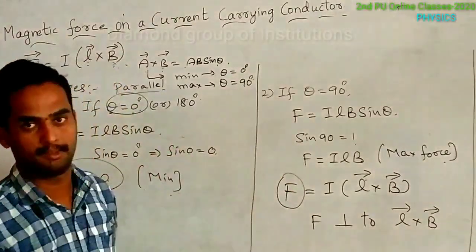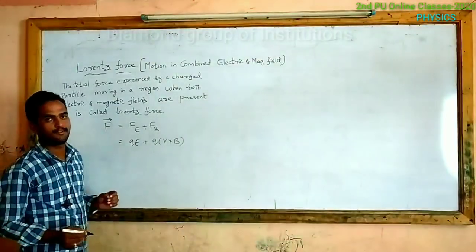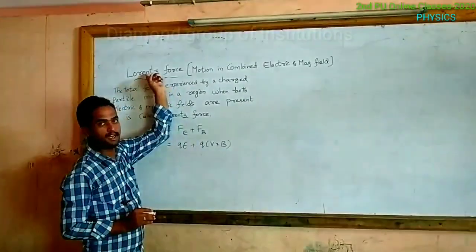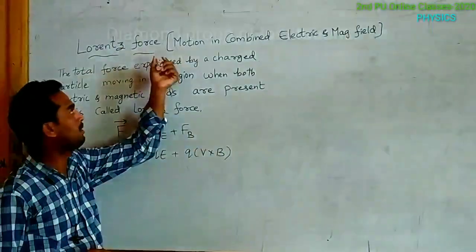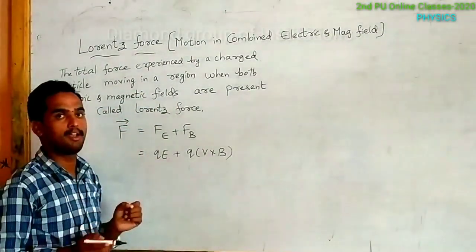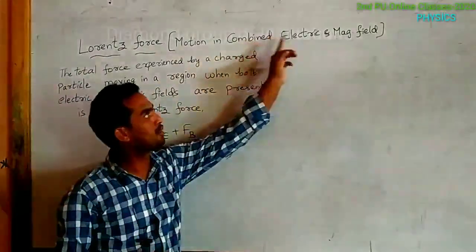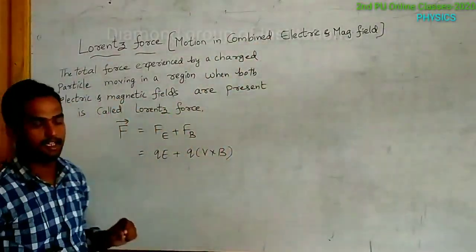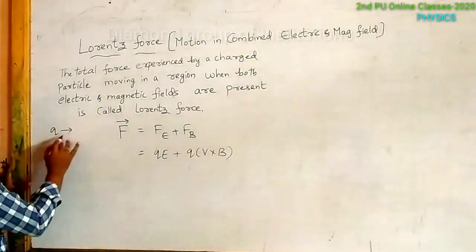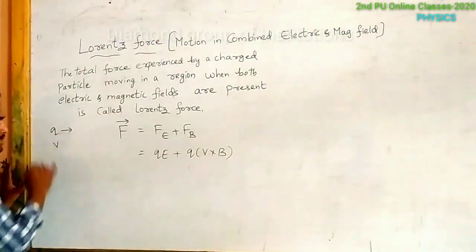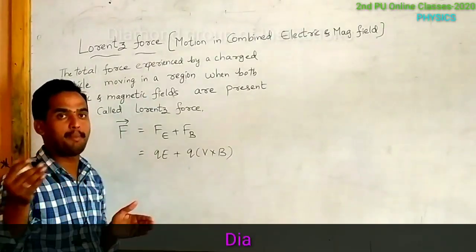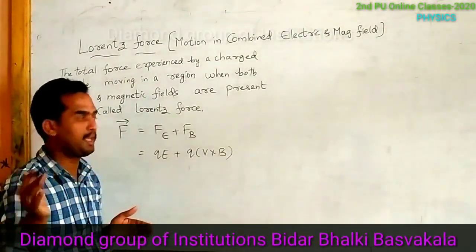Now we are going to discuss one more topic, called Lorentz force. Lorentz is the name of the scientist who gave a mathematical expression for the force experienced by a charged particle under the combination of both electric and magnetic fields. Suppose a charge Q is moving with velocity v, and both electric as well as magnetic fields are applied.